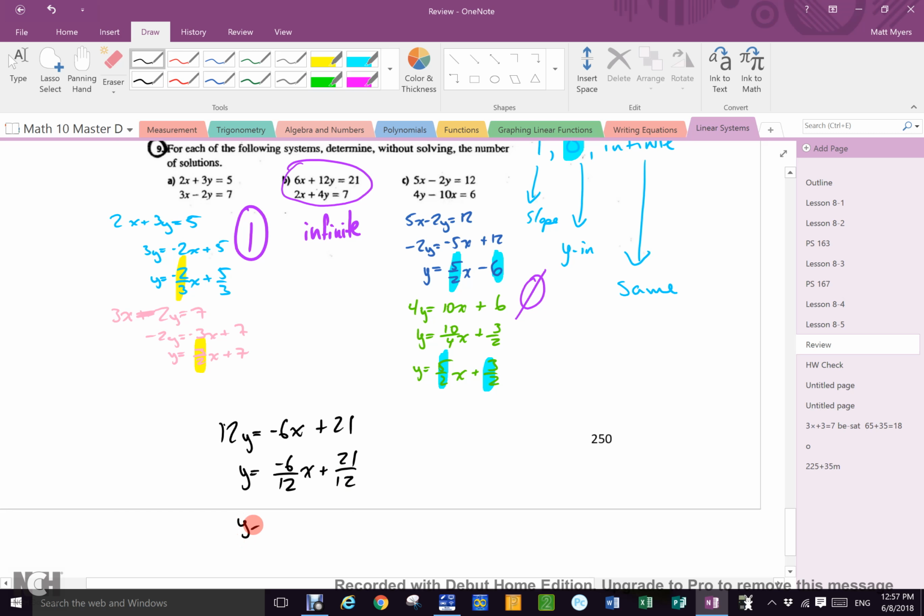And you would have gotten y equals negative 1/2 x plus 21 over 12. And you probably would have forgotten to simplify that. Then you would have gone to the other one, 2x plus 4y equals 7. 4y equals negative 2x plus 7. Y equals negative 2/4 x plus 7/4. Y equals negative 1/2 x plus 7/4.